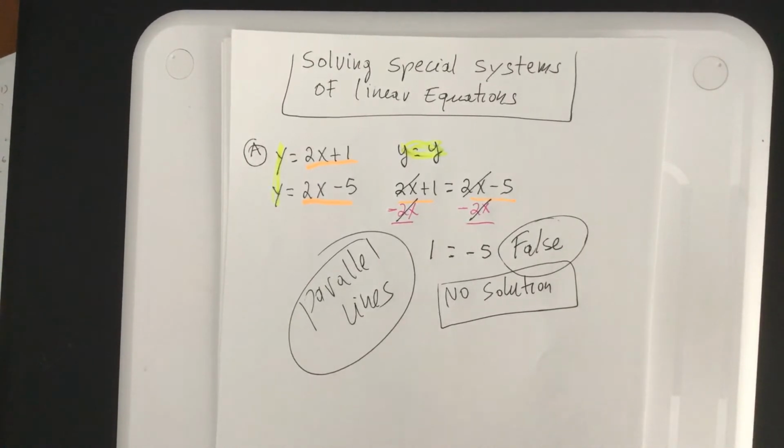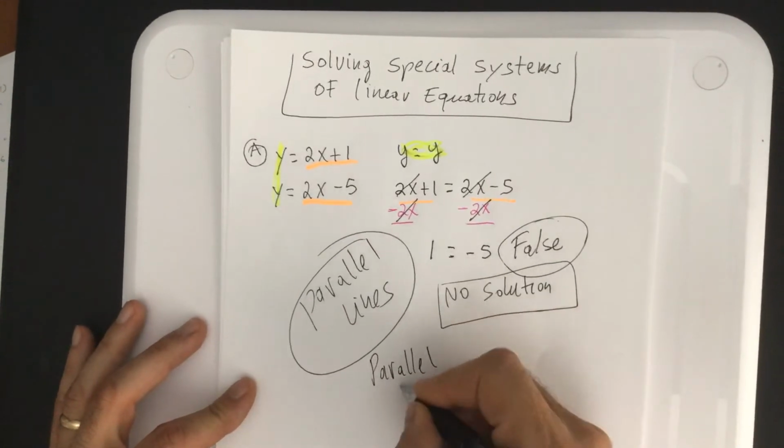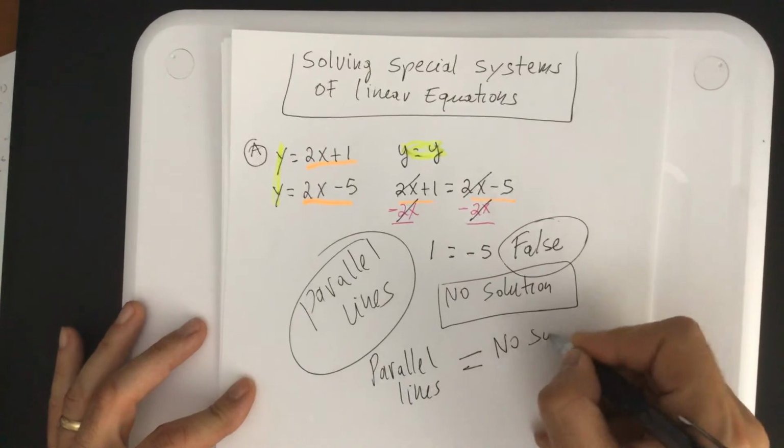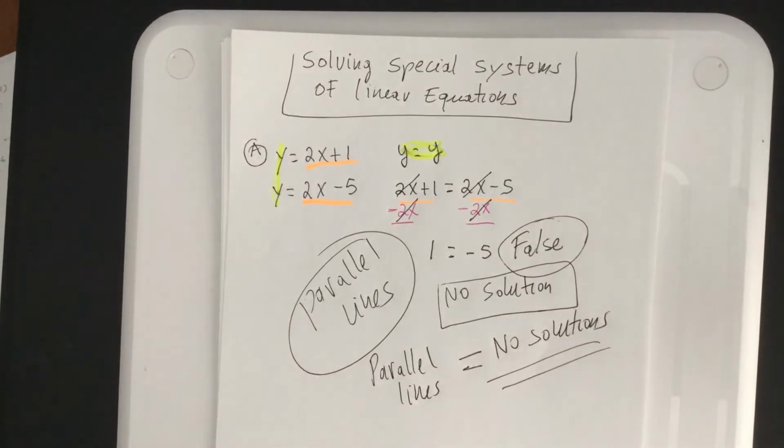So these two lines are never going to intersect. And remember, the solution of a system of equations is basically where the two lines intersect. And these are never going to intersect. So if you have parallel lines, that's no solution, because those lines never cross each other.